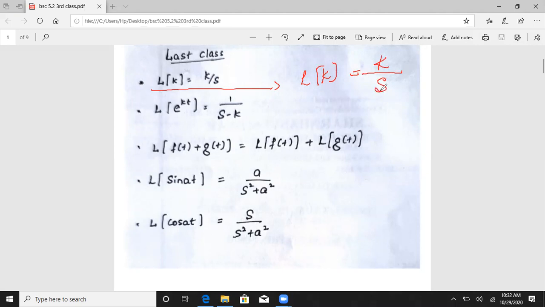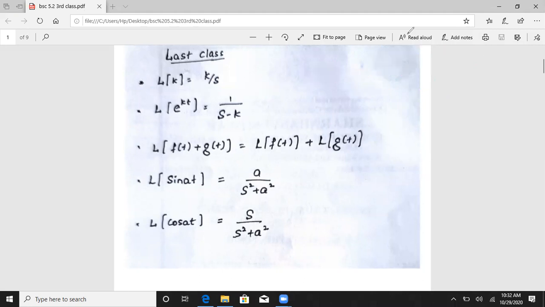We already saw some examples on this. We solved 7 by s, 5 by s, and minus 3 by s. Instead of writing k, we took 7, 5, minus 3.